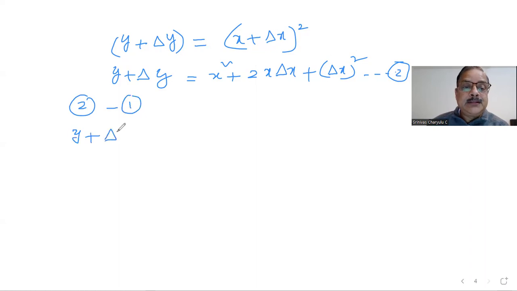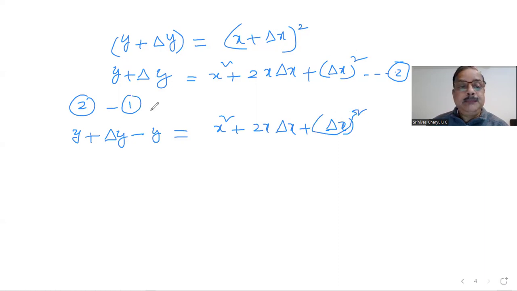Same like previous sum. y plus delta y minus y is equal to x square plus 2x delta x plus delta x whole square, minus first equation is x square. So we have written here 2 minus 1. What is 1? 1 is called first equation. Both we are subtracting, from left hand to left hand, right hand to right hand.